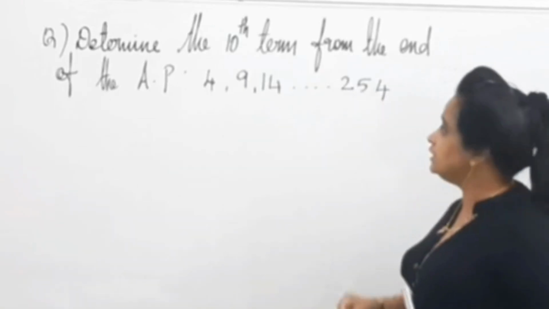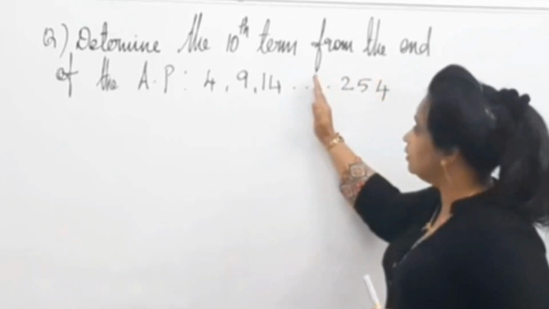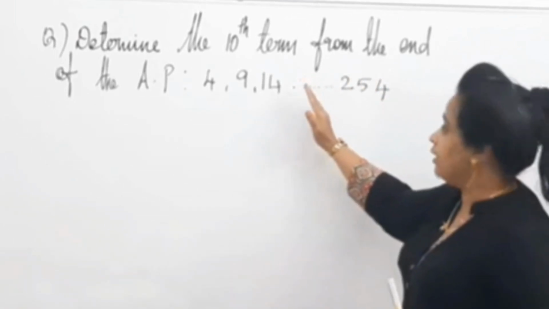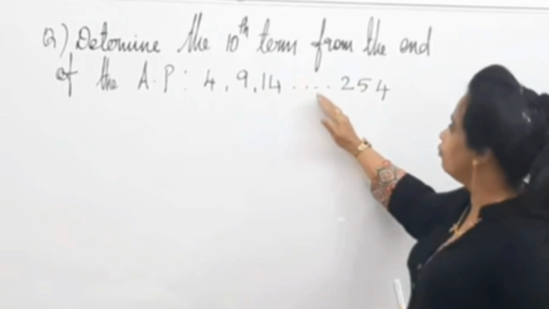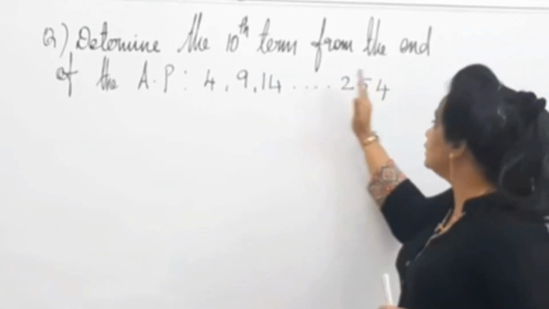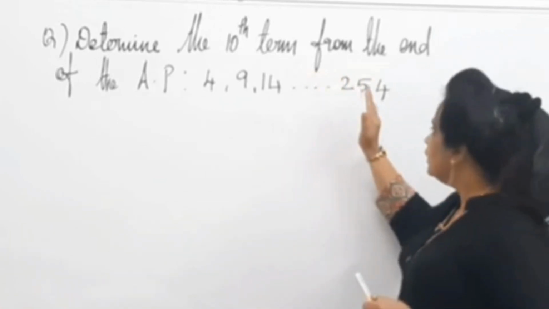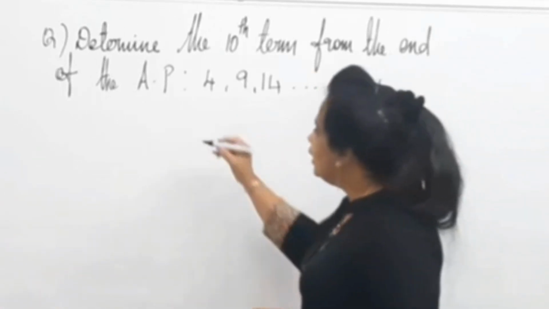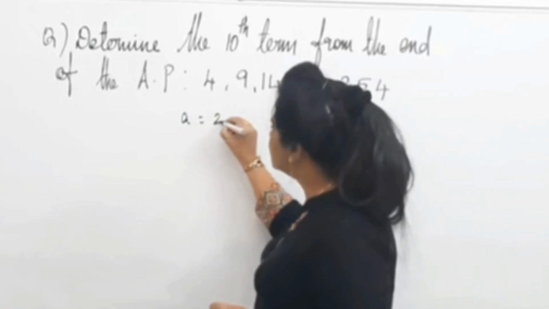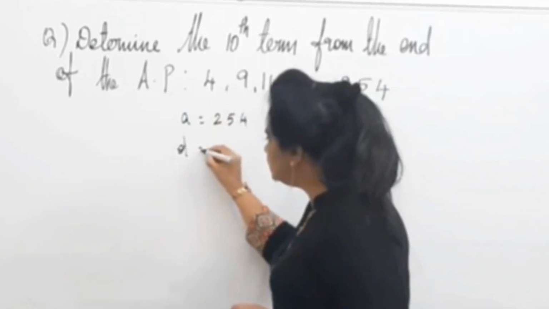Look at this question. Determine the 10th term from the end of the AP 4, 9, 14, etc., 254. You have to find the 10th term from the last term, from the end. That means 254 is going to be my first term, A is equal to 254. So how do you find D?